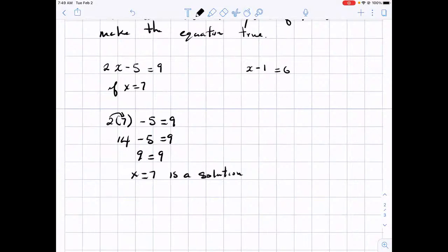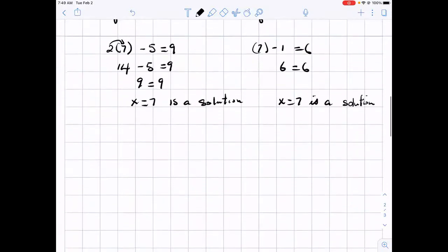On the other hand, if x is equal to 7 here, we have 7 minus 1 is equal to 6. 6 is equal to 6. So x equals 7 is also a solution for this equation.